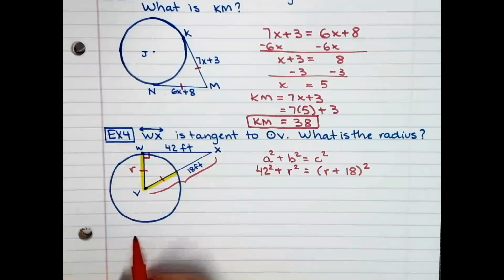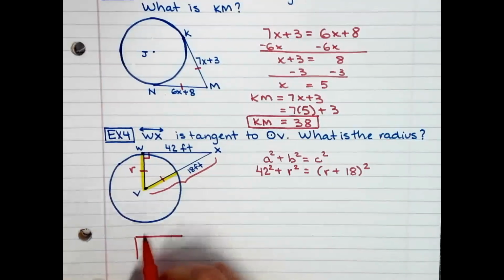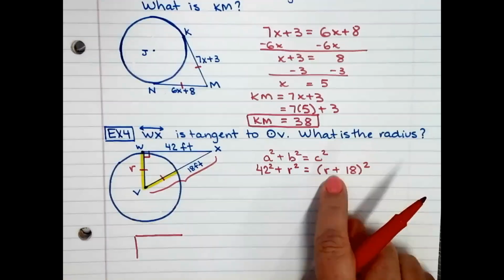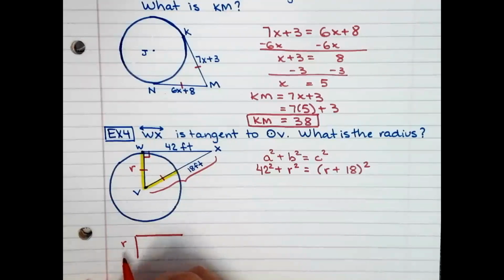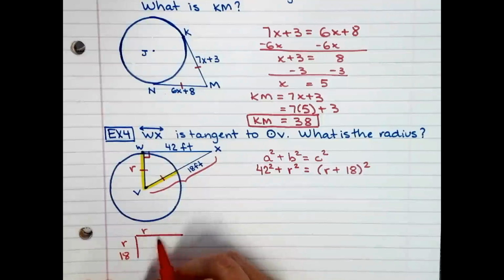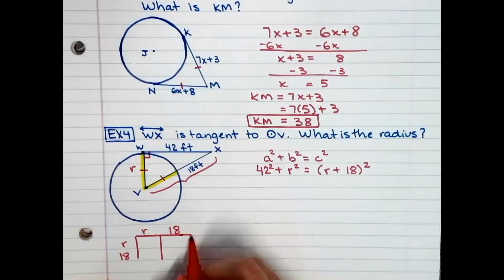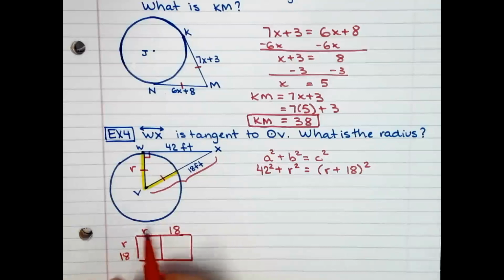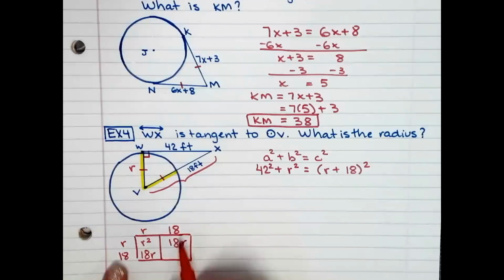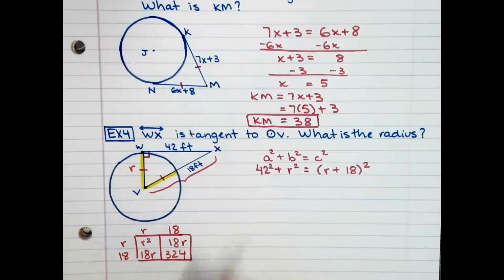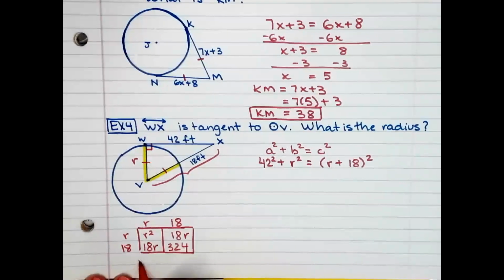It doesn't matter. I'm going to do the box, just because. r plus 18 squared is r plus 18 times r plus 18. If you don't want to do the box, do FOIL, that's fine. r times r is r squared, r times 18 is 18r, another 18r, and 18 times 18 is 324. Combine like terms: r squared plus 36r plus 324.